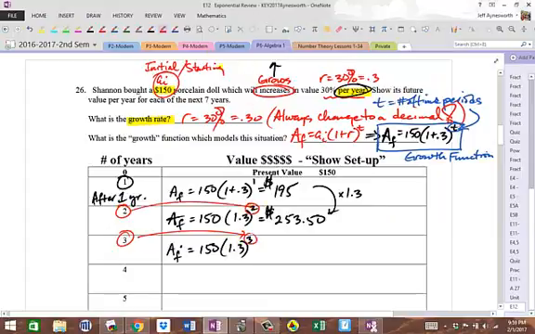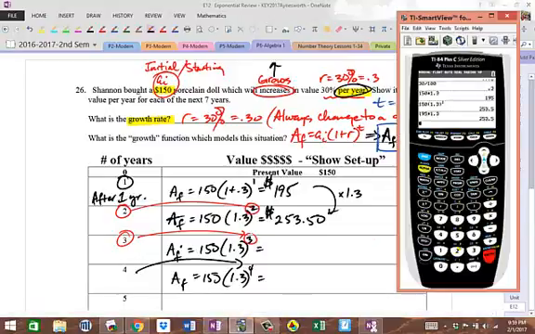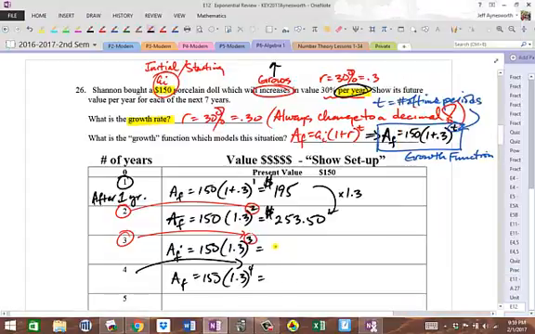Okay, so the future value should be 150 times 1.3 to the fourth power. So what's that? Oh, I didn't calculate the third power. I'm getting ahead of myself here. So let's calculate that first. 150 times 1.3 raised to the third power. You get $329.55.